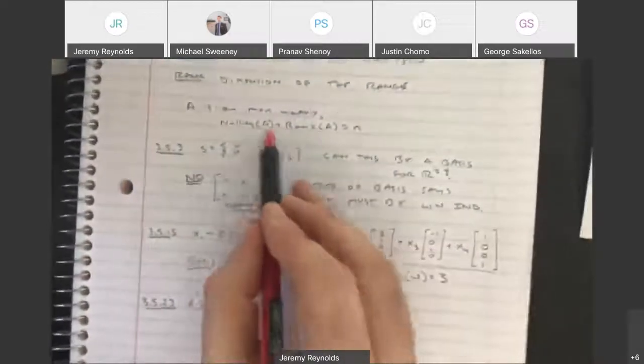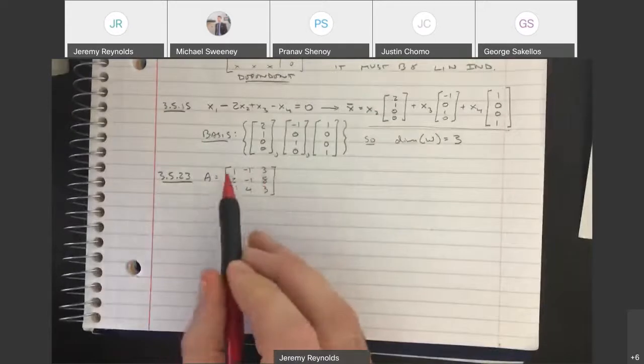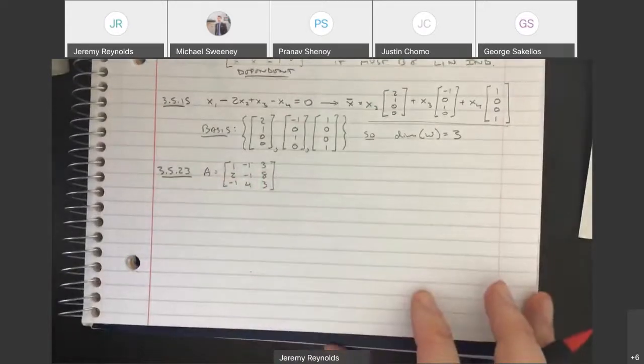Because of this relation, we know that the nullity plus the rank is going to equal 3.